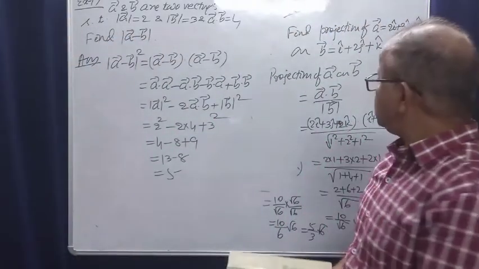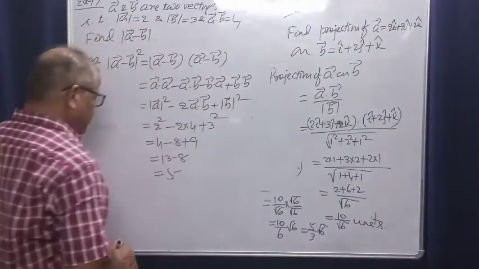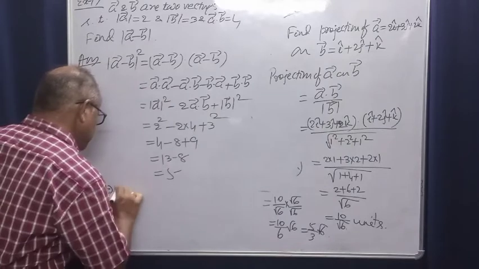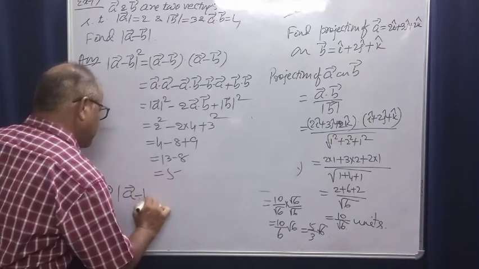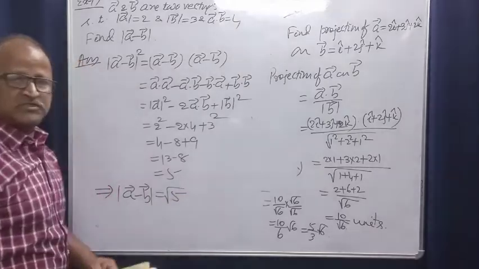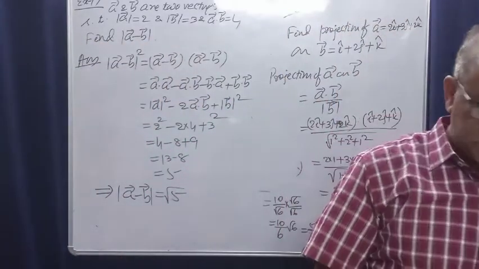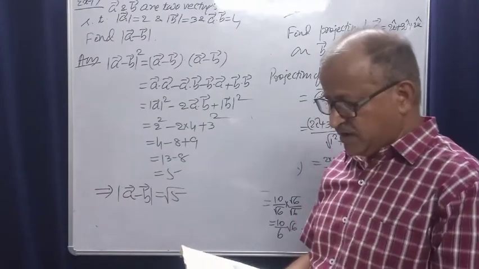So you have got the square of magnitude of A minus B. This implies magnitude of A minus B will be what? Simply square root of 5. So this is your example 17, then example 18.